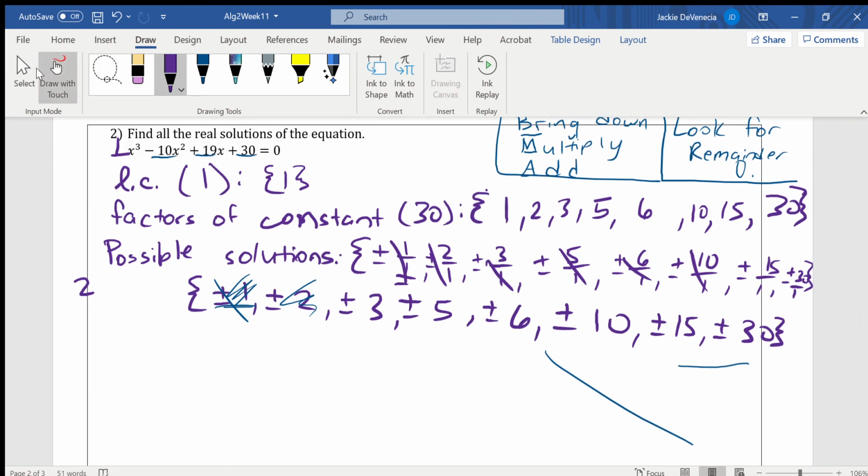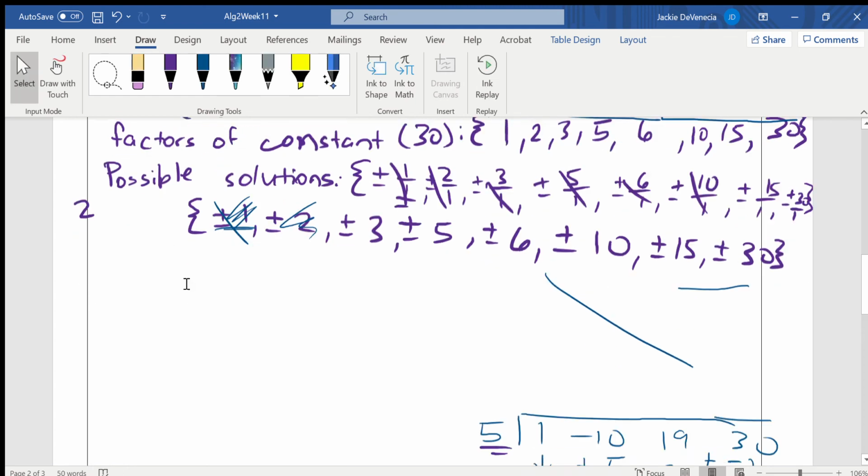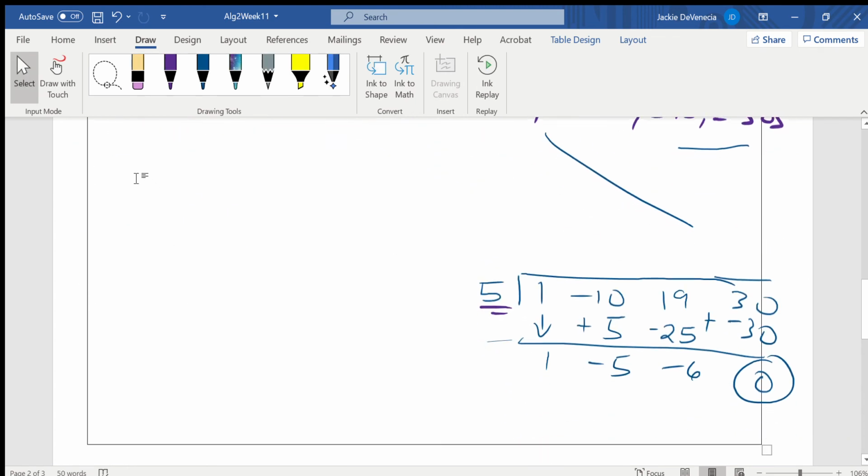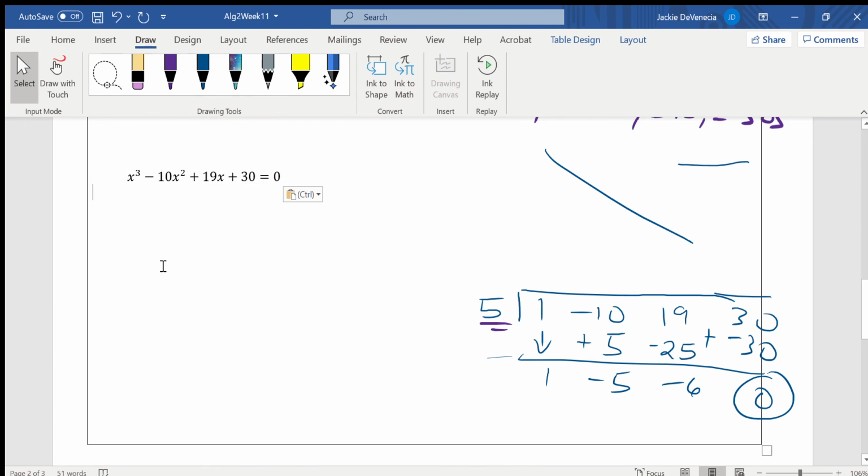Let me just bring this down, and I'm just going to put it over here. All right, so that was my original problem. Because I know that 5 is going to be my factor, I'm going to break this down like this. X plus 5, because it's a positive 5.